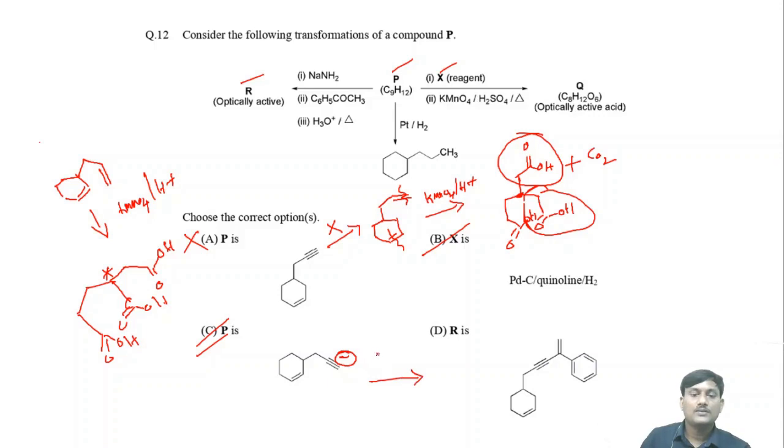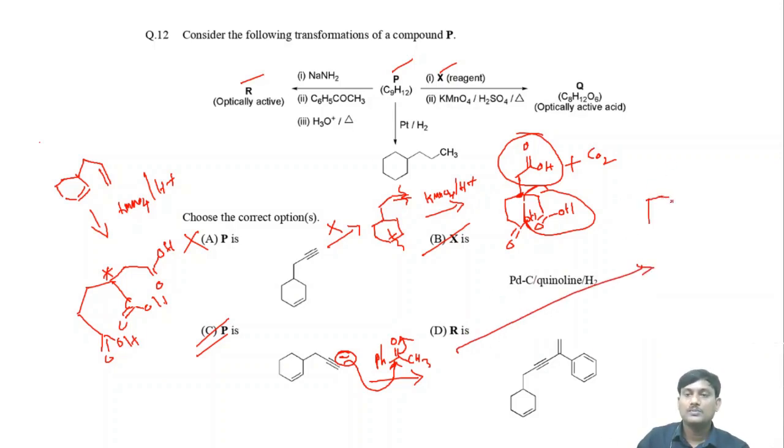Next, you have to react with PhC=O CH3. Here there is a nucleophilic addition reaction in acidic medium. Then what is the product you will get? The product will be like this.